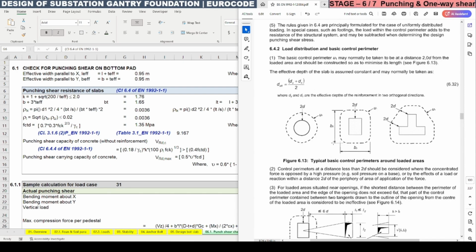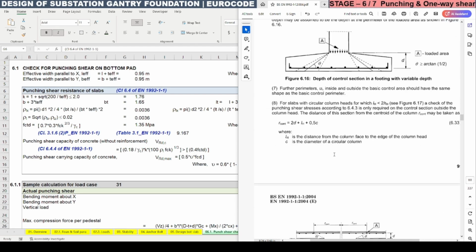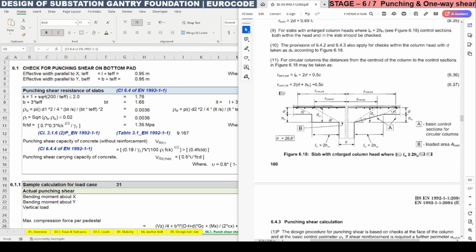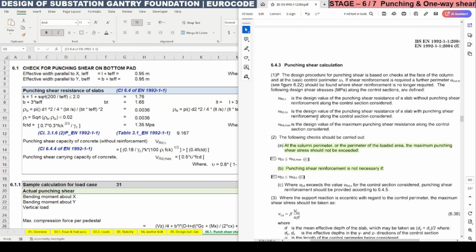Here we need to refer to 6.4.3. There are three important things given: vRd,c, vRd,cs and vRd,max. These are the three things we need while calculating the punching shear check.